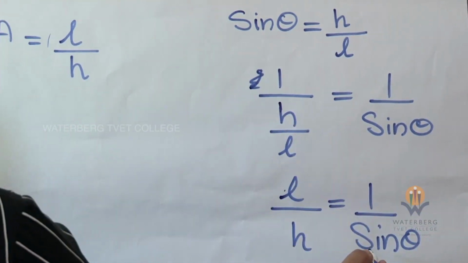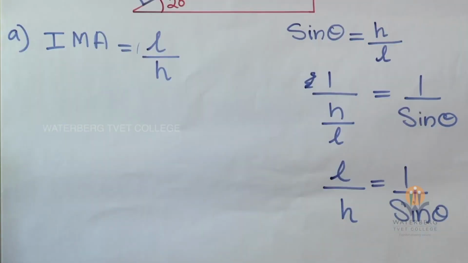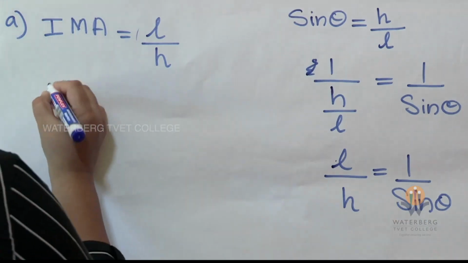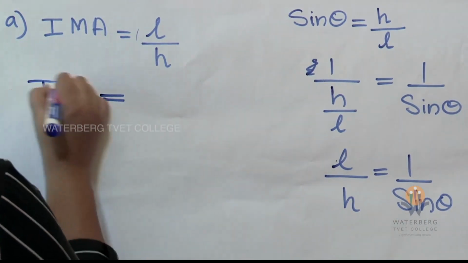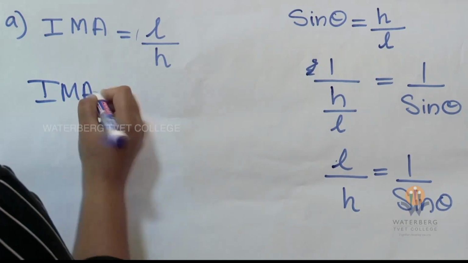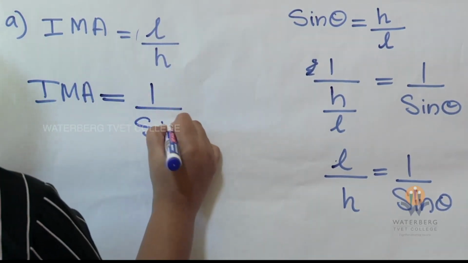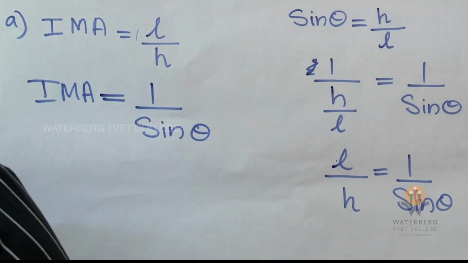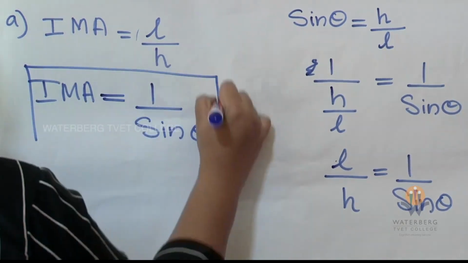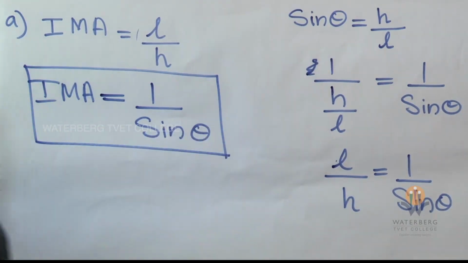So we are going to replace our formula: ideal mechanical advantage is equal to, instead of L over H, 1 over sine theta. So if we have theta given, this is how we calculate ideal mechanical advantage, which is 1 over sine theta.